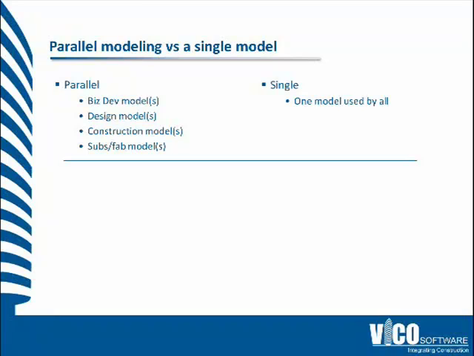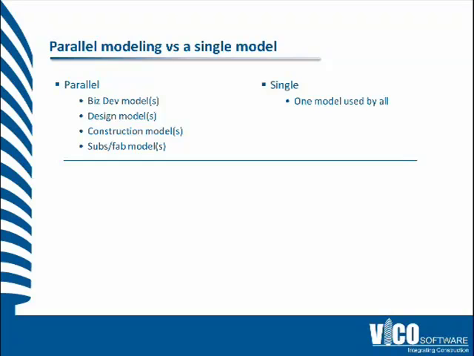So if the designers create some model and the construction team creates some model or models and the subs create their own, essentially there will be duplicated effort in many of those models, and it might be good because the construction team can create their models in the way that they would like and maybe not add necessarily detail in the areas that the design team would, and vice versa.